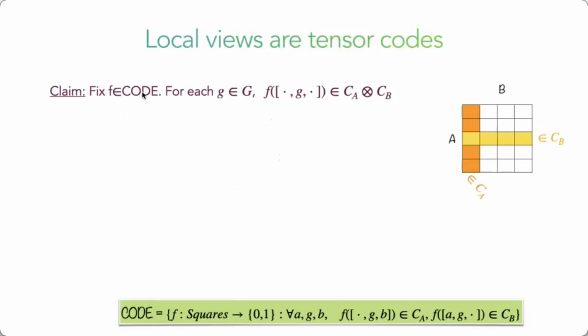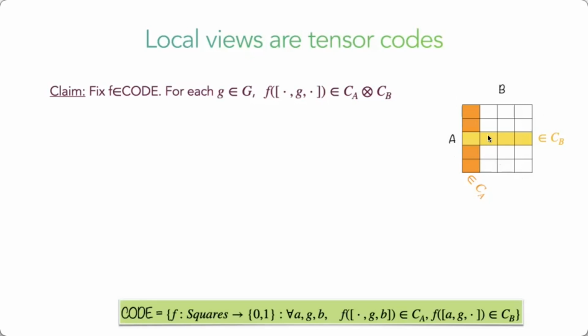Now I want to look at how the bits of this function look around a specific vertex G. Here on the bottom I copied the definition of the code. For every fixed G and for every A and B, I have these requirements. So remember that the squares touching G can be arranged in a little table, an A times B table.